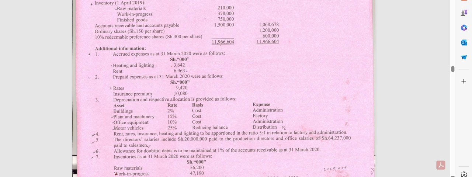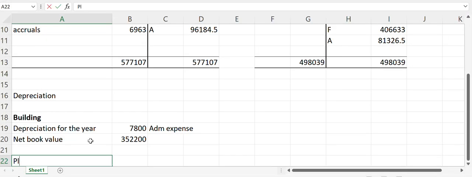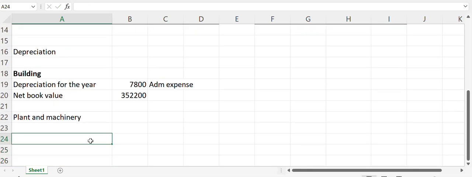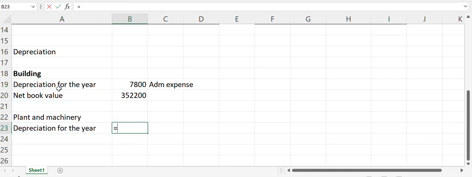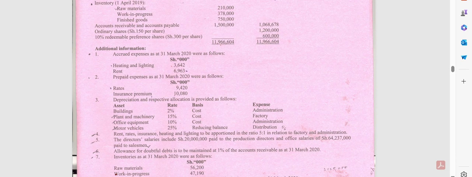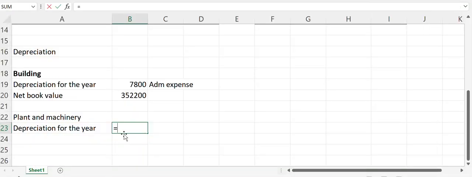So the next one is plant and machinery. So again, we compute depreciation for the year. So depreciation for the year for plant and machinery, 15%, and it should go to factory. 15%.